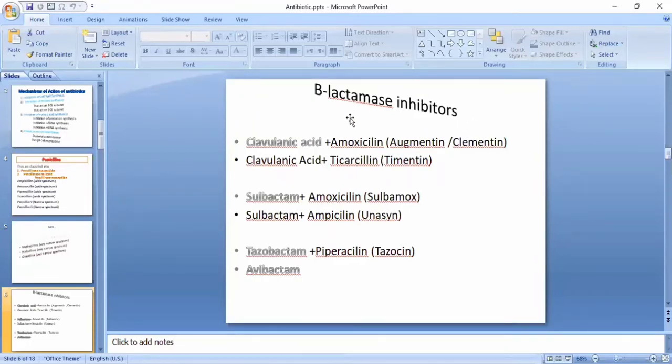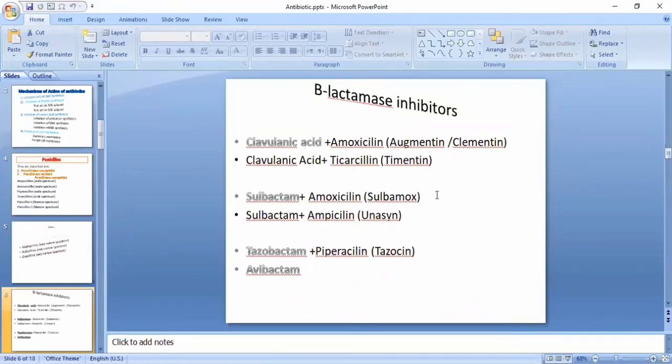We combine the beta lactamase inhibitor with the penicillins in such a way that these penicillins are active against the bacteria. So we combine the beta lactamase inhibitor with the penicillins, and this antibiotic becomes resistant to the penicillinase, to the beta lactamase.